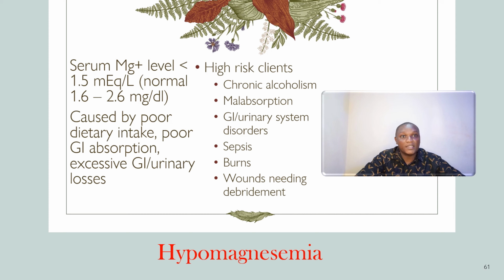The patients at high risk of hypomagnesemia are those having chronic alcoholism, those with malabsorption, GI and urinary system disorders. Patients with sepsis and burns lose magnesium. Wound needing debridement. If a patient has a wound that will require a lot of debridement, they lose magnesium.